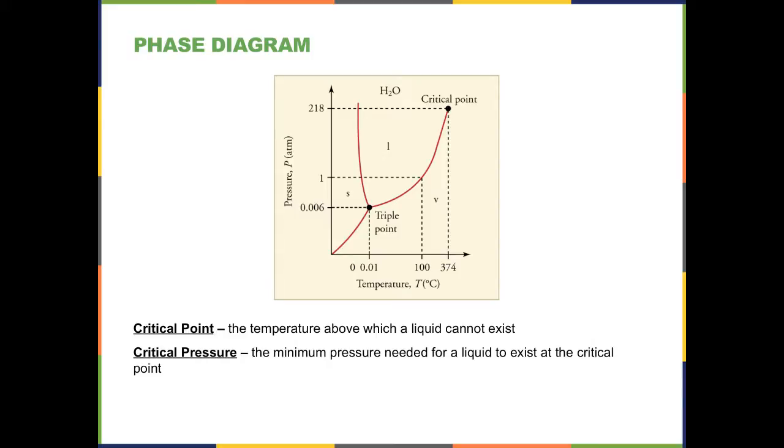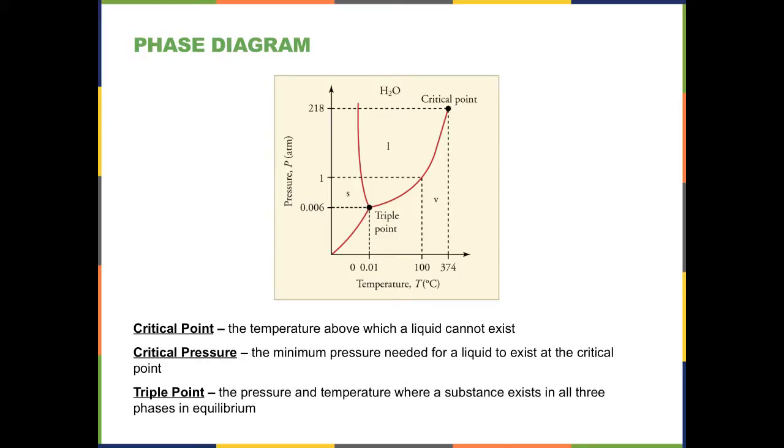The critical pressure is the minimum pressure needed for a liquid to exist at the critical point. So as you go down, you see that 218 represents the least pressure. Above that point, there is only vapor. So this pressure, 218, is the minimum pressure where a liquid can exist.